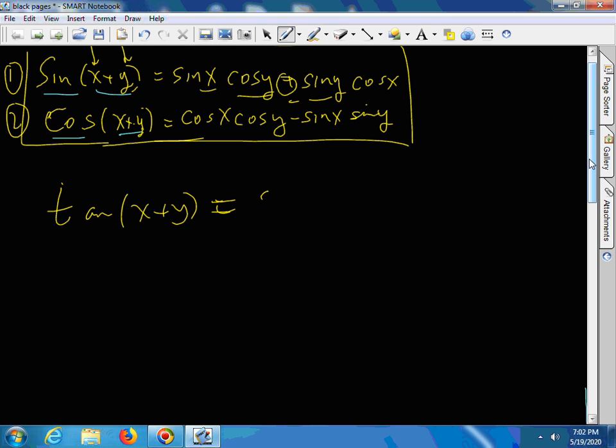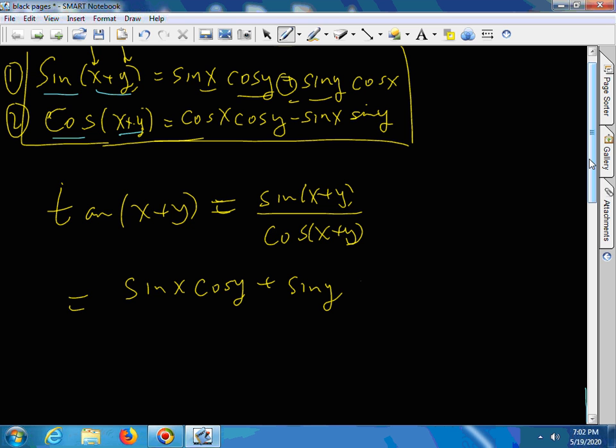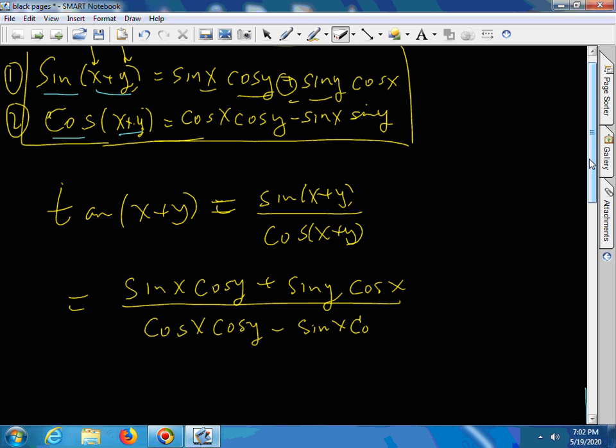The tan of any angle is the sine of that angle divided by the cosine of the same angle. Well, the sine of x plus y, that's in front of us. It's the sine of x times the cosine of y plus the sine of y times the cosine of x, all over the cosine of x times the cosine of y minus sine x sine y.